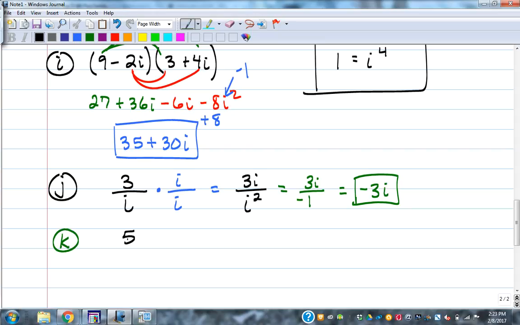Look at this one, a little bit more difficult. 6 plus 2i in the denominator. So that's a lot like number 11 on the quiz today. And if you did that correctly, you multiplied by what?